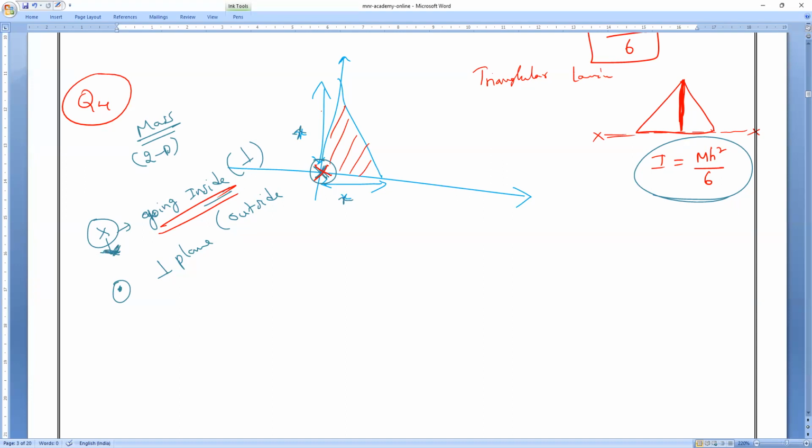I have sent you the video. Just watch that video and then we'll continue from this question. All of you make it. This is very important: dot or cross. Both are perpendicular to the plane, but in going inside or coming outside, you can see that. Just make sure. Any doubt, ask.